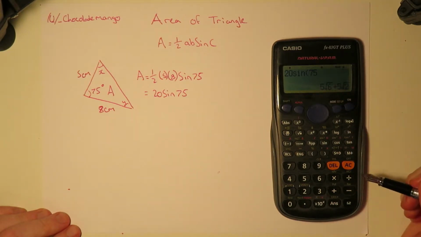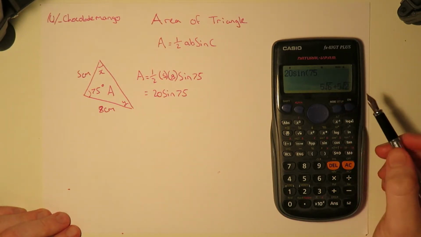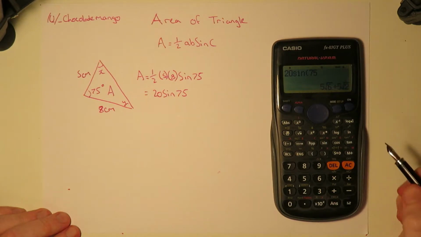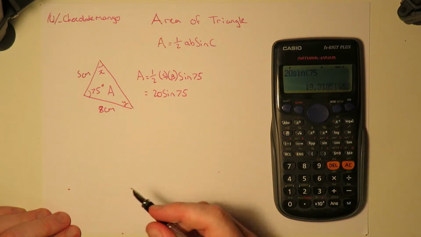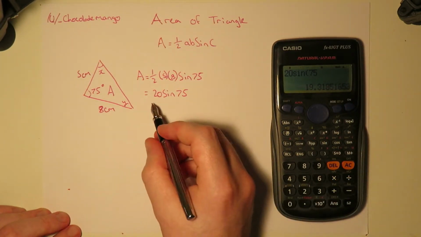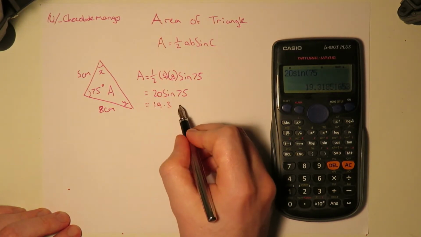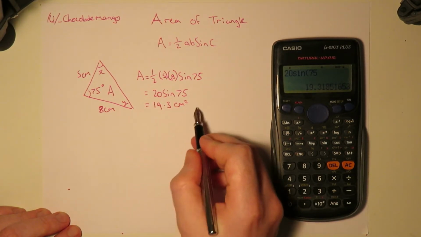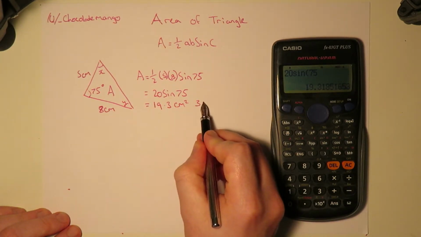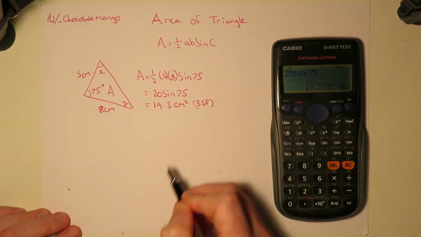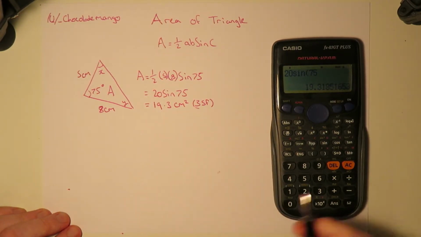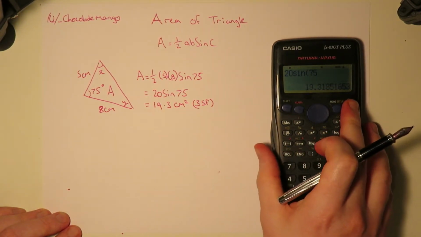It's very similar, I think root 6 minus root 2 all over 4. So let's write that out as a decimal: 19.3, in this case centimeters squared, to 3 significant figures. So that's one example.